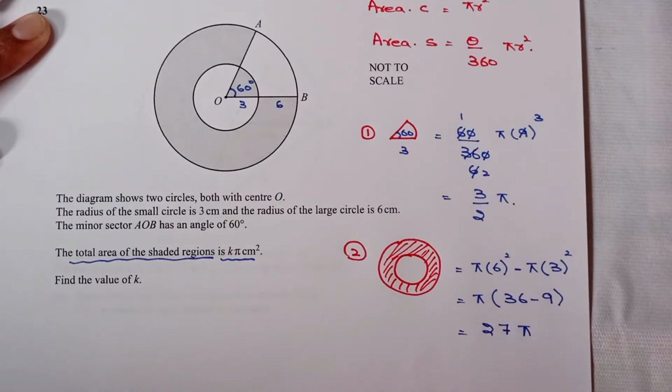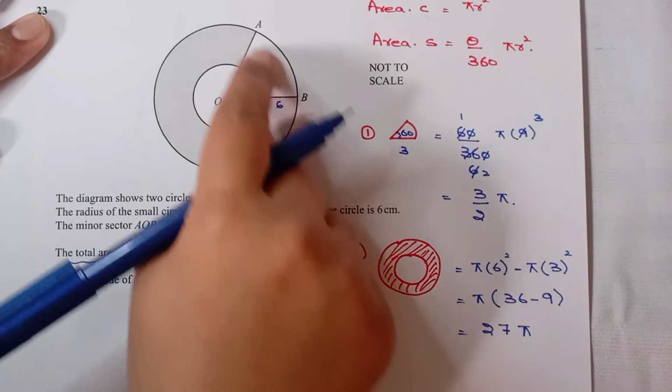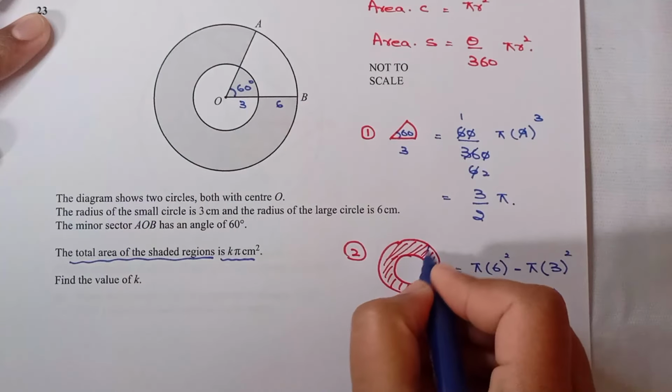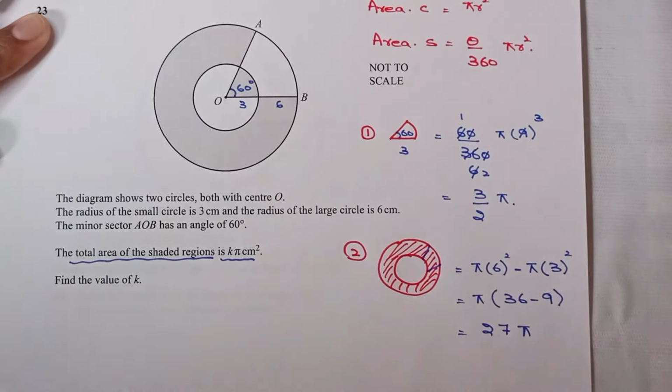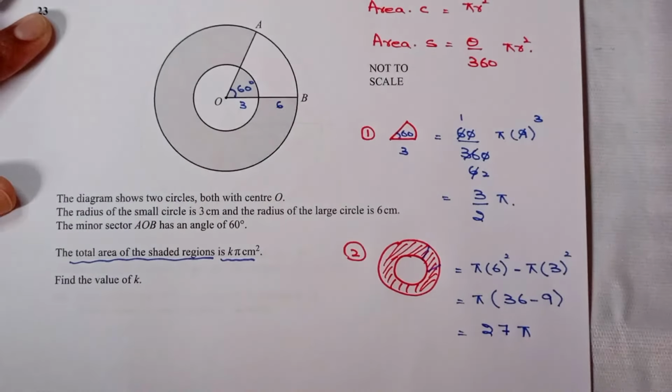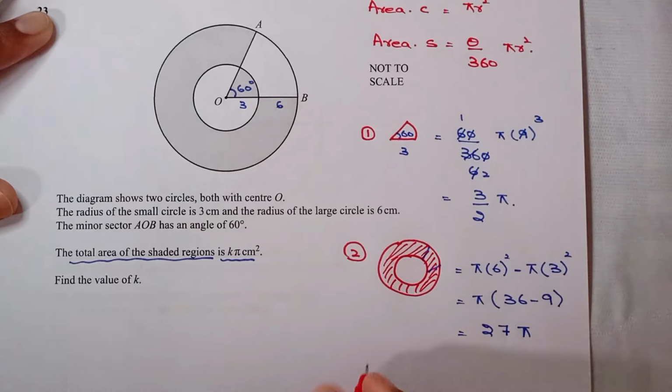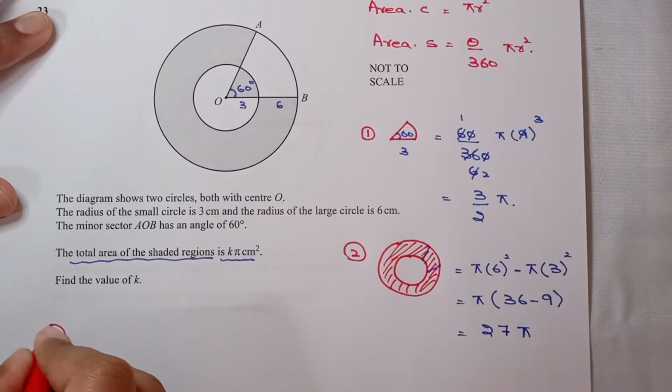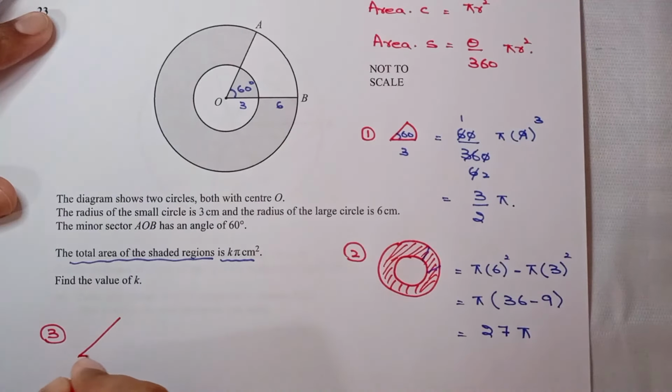But as we can see, this portion is not shaded, a little bit of this portion is not shaded, right? So we need to find the area of the bigger sector. For the third step, we need to find the area of the larger sector, right?